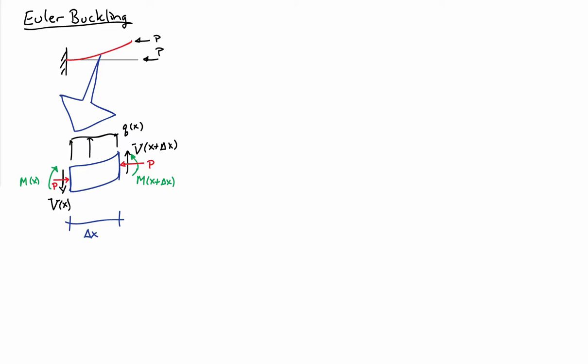And lastly, we have the axial force on the system, and the axial force is going to be P, acting through the center of rotation at each end. Notice that the two values of the axial force are offset by the amount of deflection that I have from one end of the differential element to the other, so v of x plus delta x minus v of x.